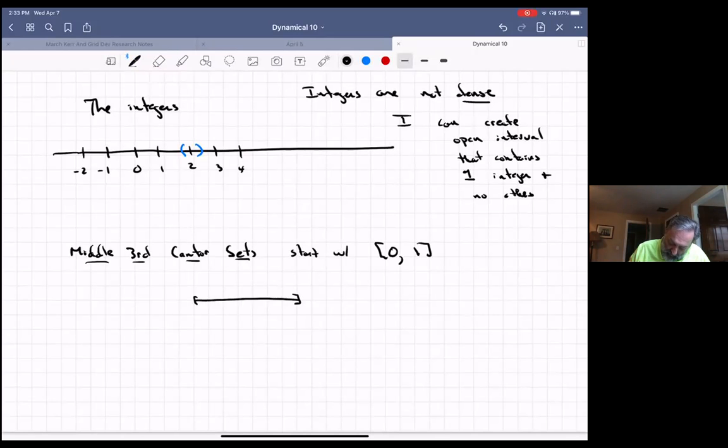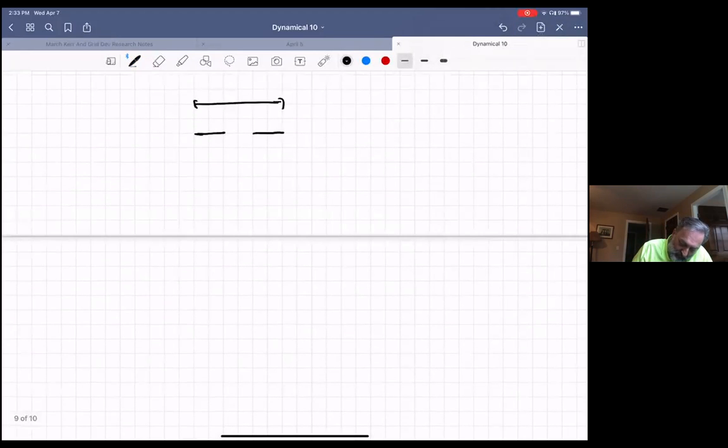And you start by taking out the middle third. Okay. And then you take the middle third out of each of those. And then you take the middle third out of each of those. And then you take the middle third out of each of those.